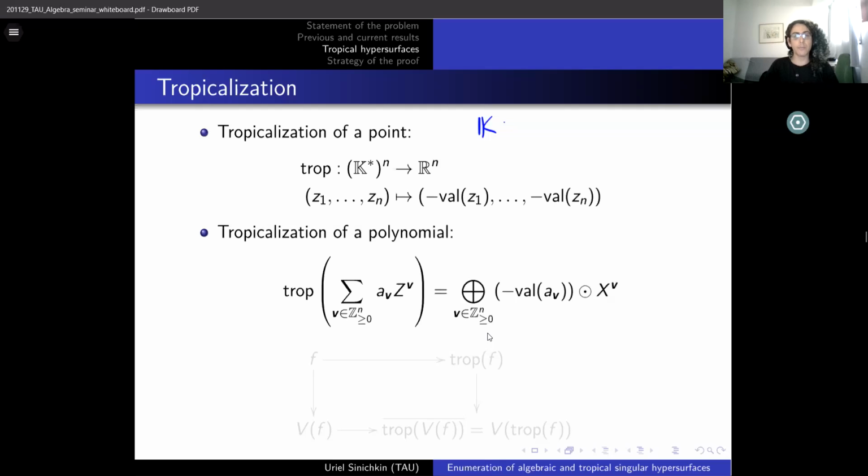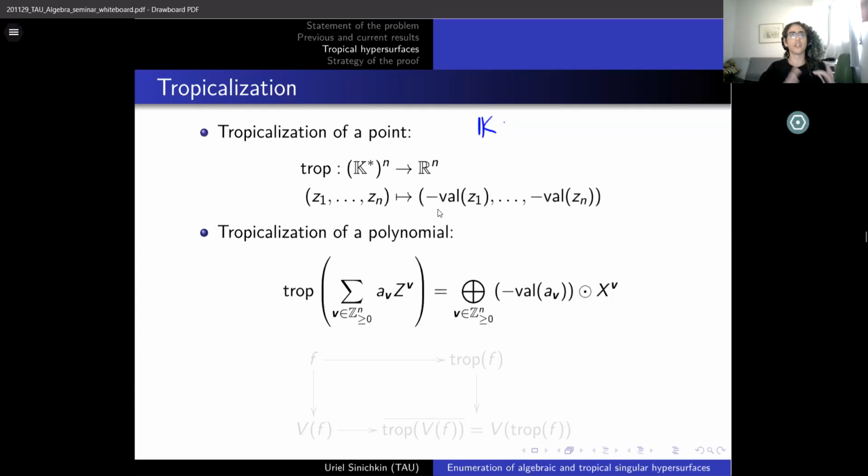I take points with all the coordinates non-vanishing, and I apply the minus of the valuation, and this minus sign is why we have minus infinity and not infinity, and why we have a maximum and not minimum in the definition of a tropical semifield.